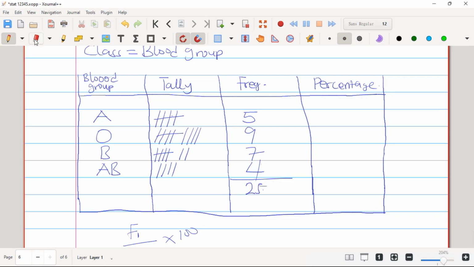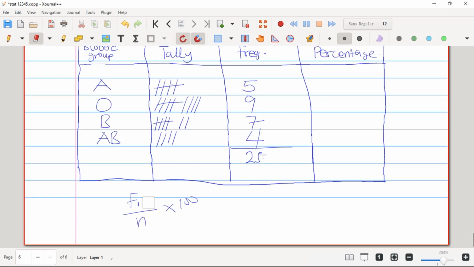And then we have been asked to calculate the percentages. This is how you calculate the percentage. The percentage is the frequency for the first type of blood group divided by N times 100. So we are just going to take our first frequency, that will be F1.